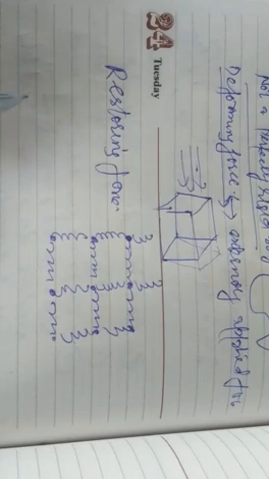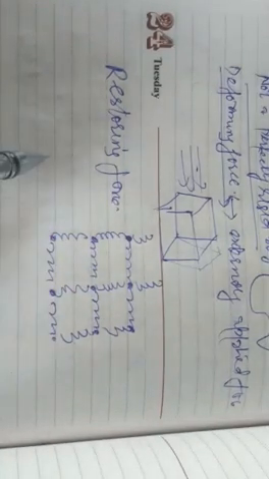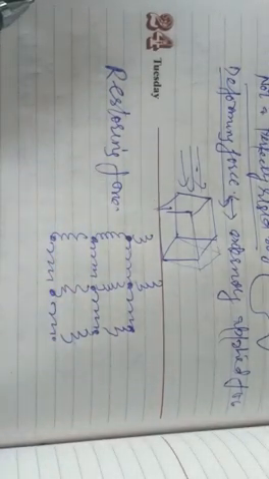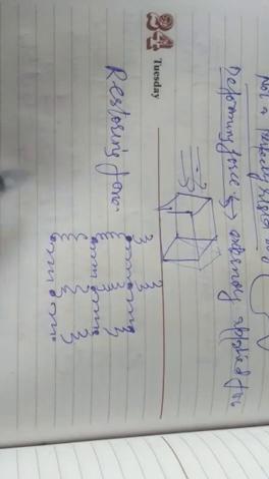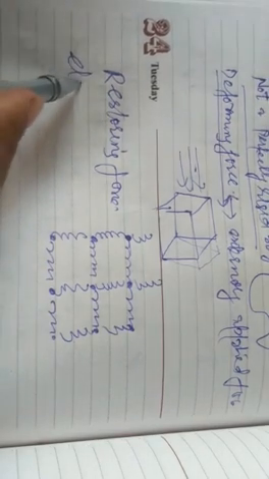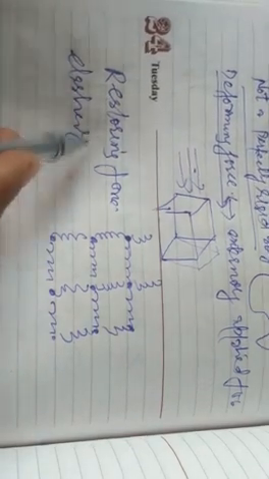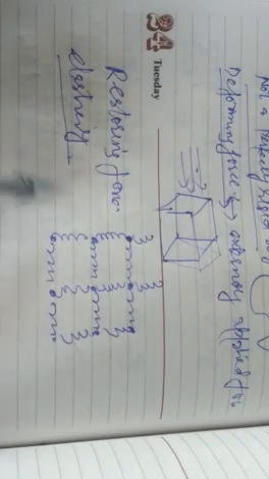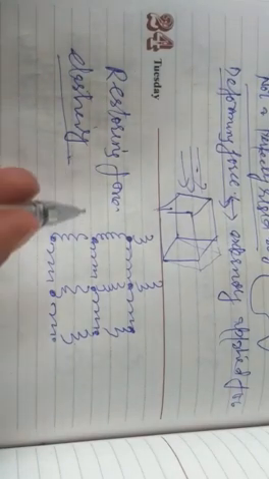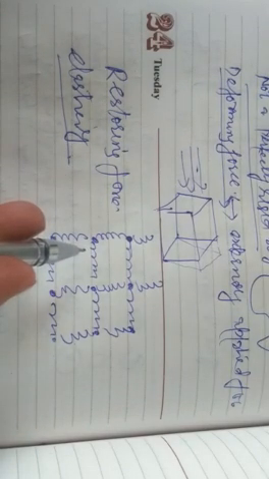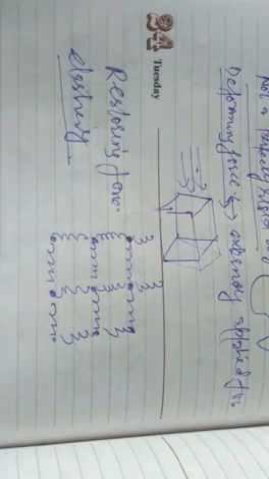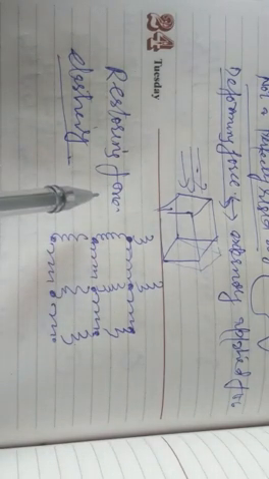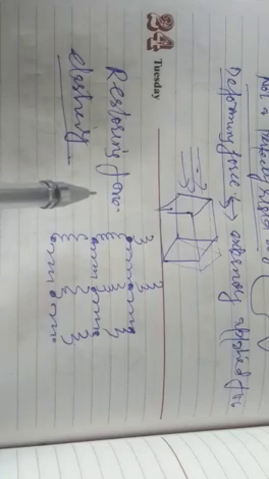Because of this restoring force developed within the body, the body regains its original configuration, and that property is called elasticity. Elasticity is the phenomenon in which, once the deforming force is removed, a restoring force develops and the body regains its original configuration.